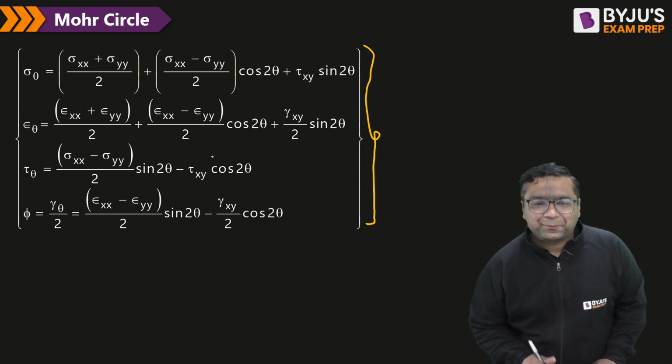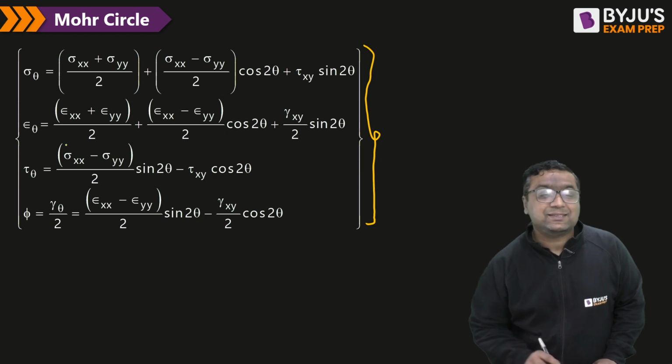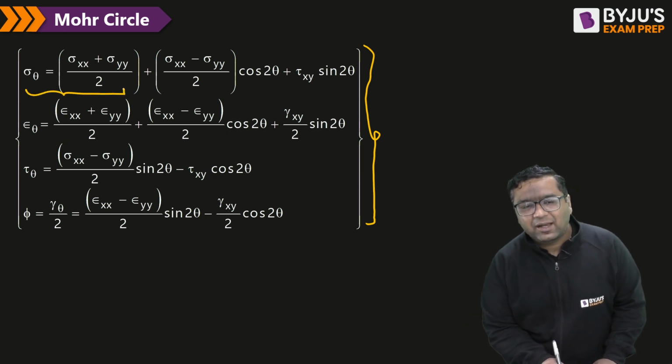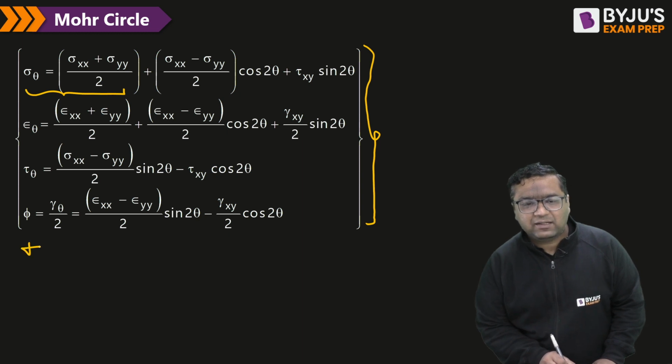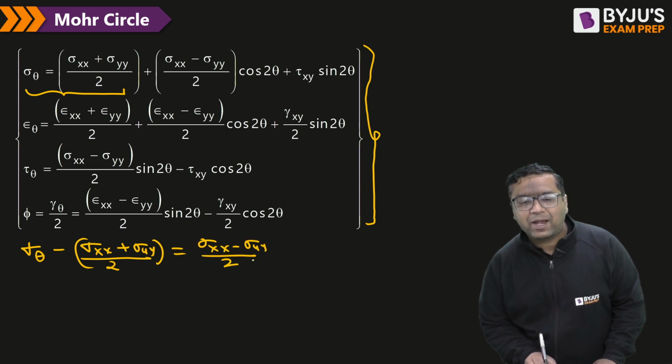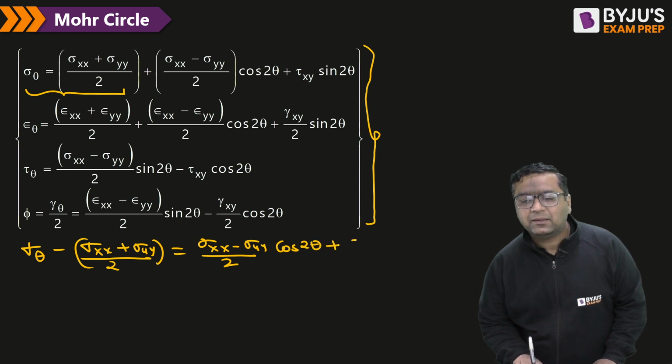For your purpose, I will be simplifying the things for you. If you see this equation, and if I just modify it, I will write it as sigma theta minus (sigma xx plus sigma yy) by 2 on the left, and on the right hand side, we will have (sigma xx minus sigma yy) by 2 cos 2 theta plus tau xy sin 2 theta.